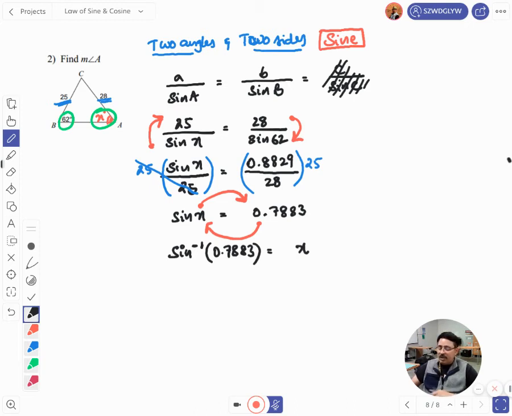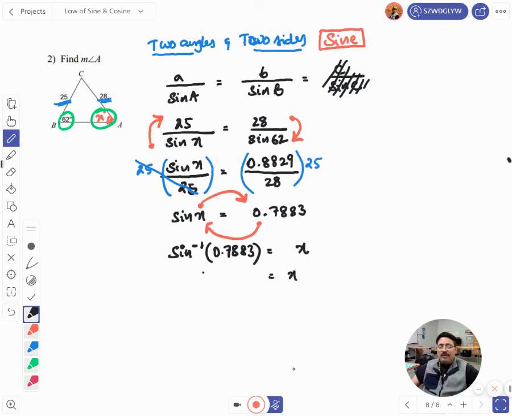So I'm taking my calculator. You may make use of Desmos. Already several times I explained how to find the angle in Desmos. So this one is sine inverse 0.7883, equals 52.02.